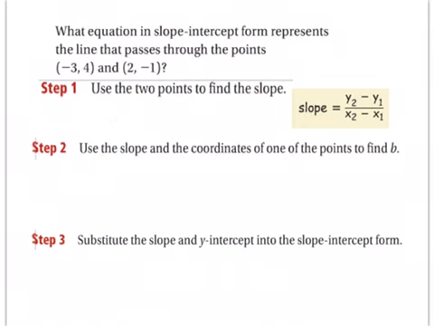Here is one I want you guys to try. Same thing. They're giving you the 2 points, and you have to try to find the slope-intercept form. Label your points, x1, y1, x2, y2. Find the slope.